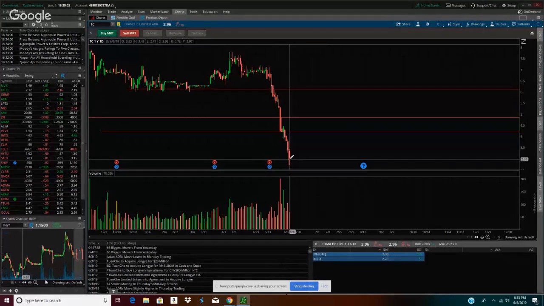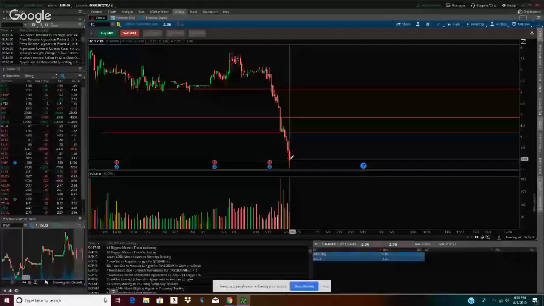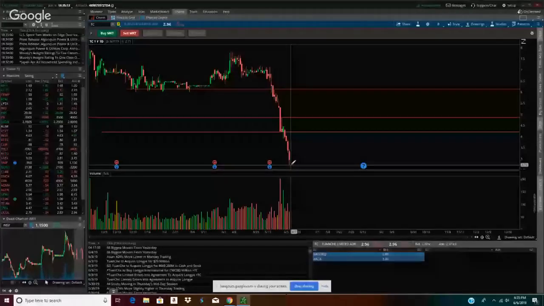We want to enter on a green day, 5 to 10 cents above 270. We could even get in there 2 cents above, but generally no more than 10 cents above the previous day's close.